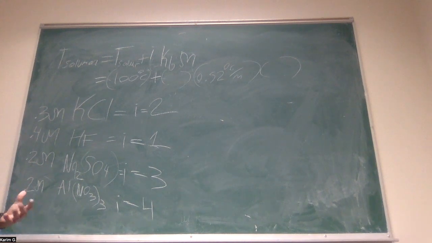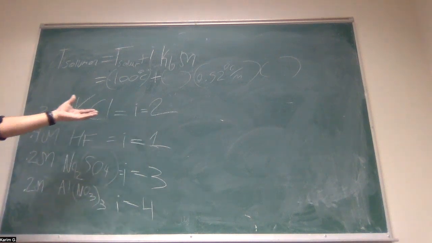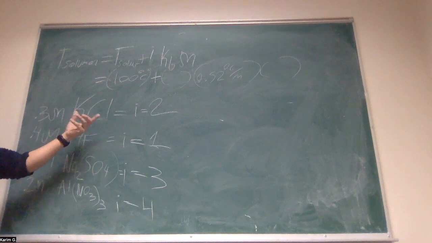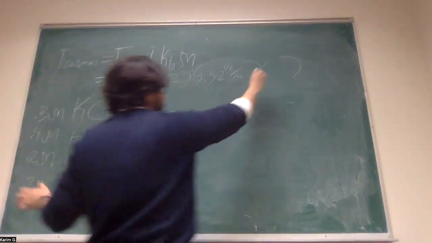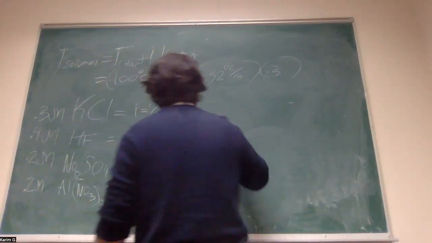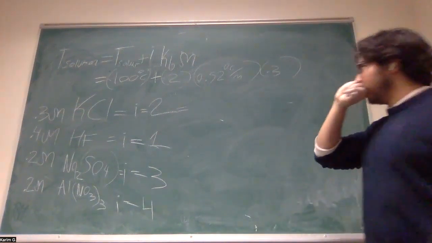Okay. So it's just a matter of plugging all these different factors into that equation, right? So if we were to find the boiling point elevation for potassium chloride, it'll be a 2 here in place of i, and then 0.3 molar, which you get what? 31.2? Are you sure?